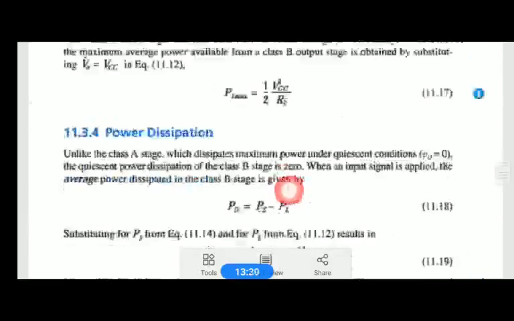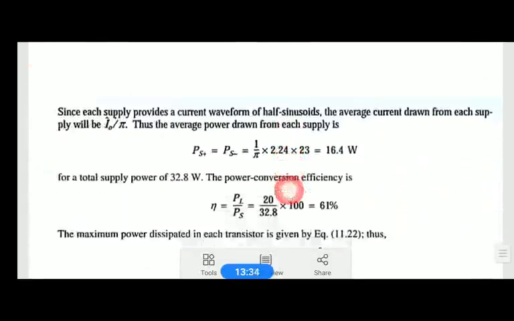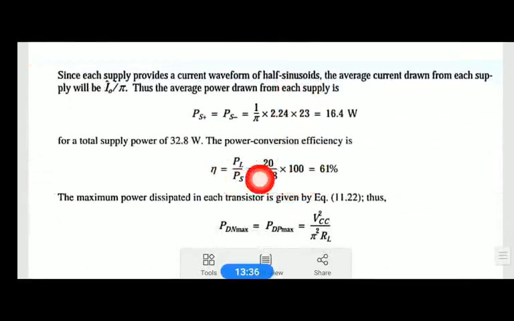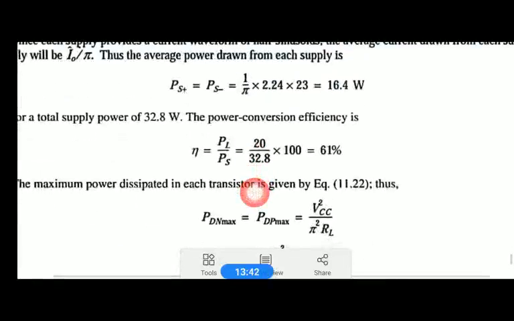You calculate the supply power for each supply, right? Then we know eta, the efficiency, is PL by PS. PL is given as 20 watt, and PS you calculate.